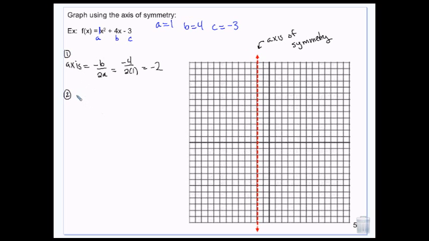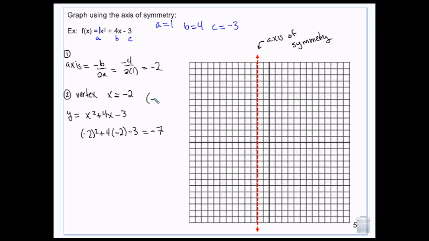Step 2, I know that my vertex x-coordinate is going to be the same as my axis of symmetry, so I need to find y. So I plug in -2. So I have 4 minus 8, so that's -4, minus 3, so that's -7.